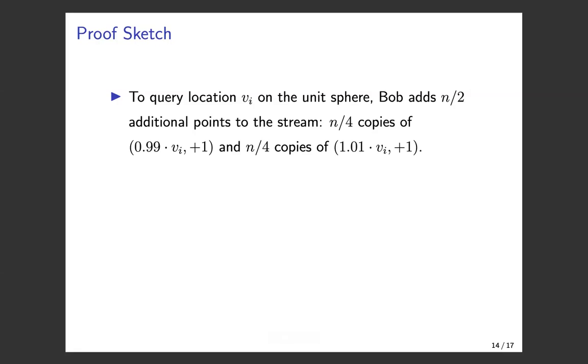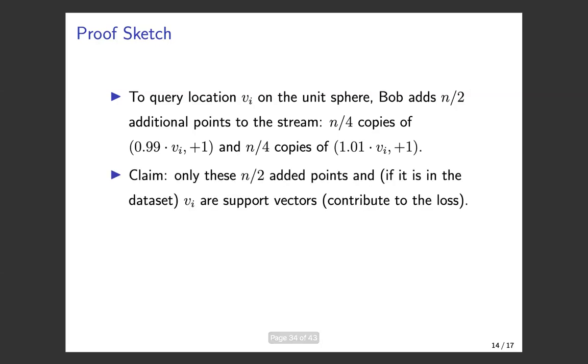Okay, and so think of this as 0.99 vi and 1.01 vi. And in this case, the labels are +1 in each case, unlike all the other points that Alice added, which have label -1. Okay, and that'll be relevant for some of the details. Okay, and so one of the key properties of this is that only these n/2 added points and possibly vi are support vectors.